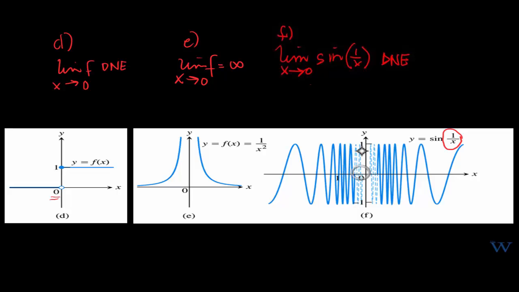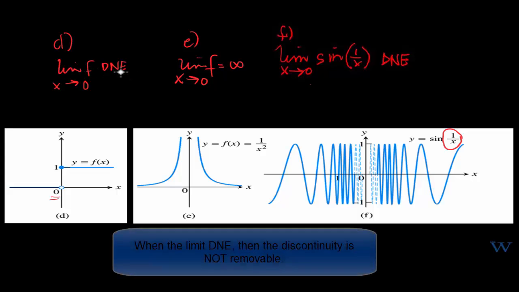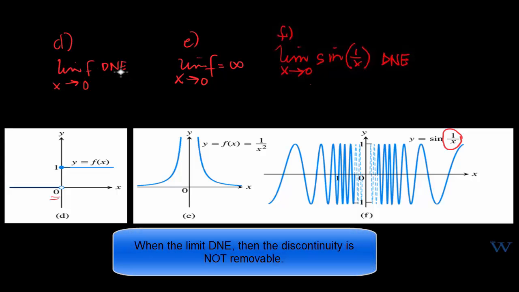It just bounces. We will never really zero in on a particular point, so the limit does not exist. So whenever you have a case of functions where the limit does not exist, then it's not a removable discontinuity. Get that? Okay.